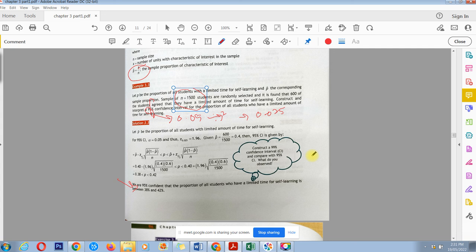So one of the parts you can observe is what happens if you use a 99% confidence interval. Okay, mudah ke senang? Mudah mudah je. Tak pening-pening kan?